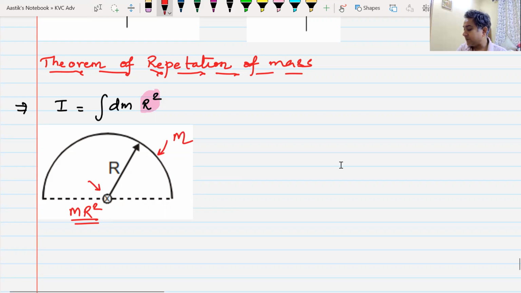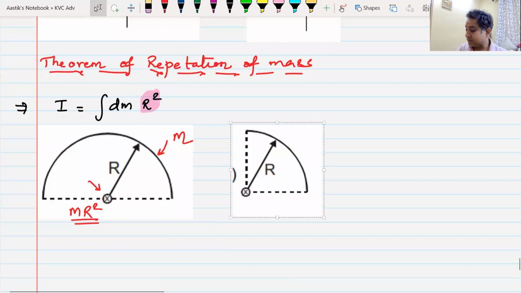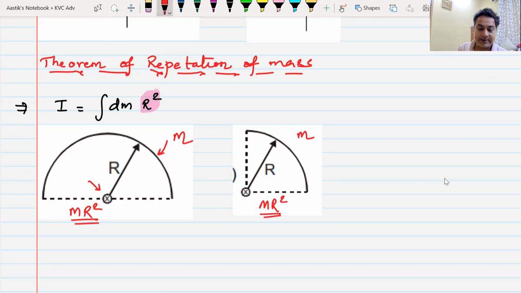What will be the moment of inertia of quarter of a ring? The mass is m, radius is r. Moment of inertia of this one would also be equal to mr square.